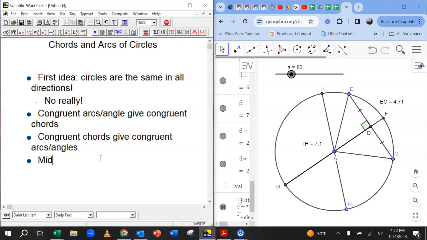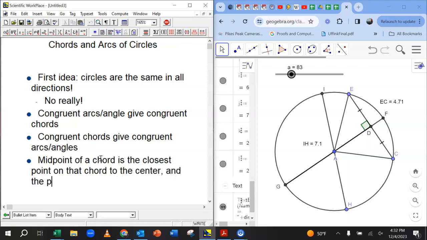And the midpoint of a chord is the closest point on that chord to the center, and the perpendicular bisector is a diameter, and vice versa.